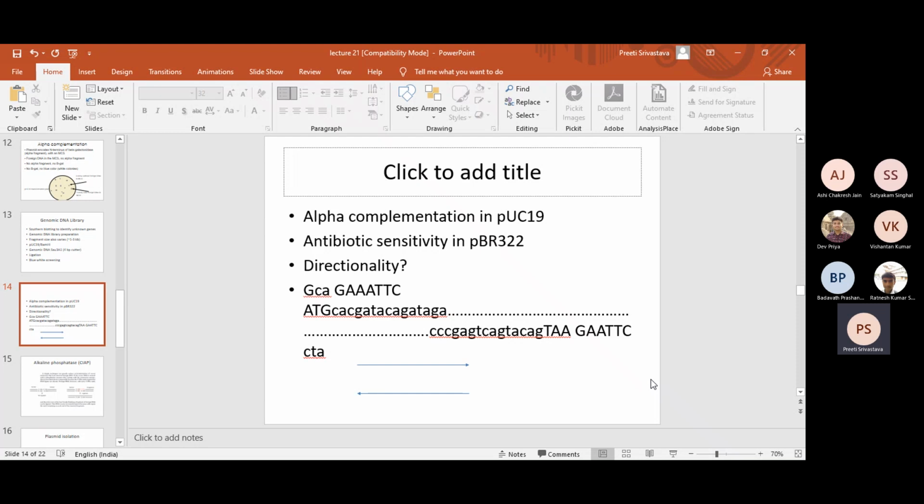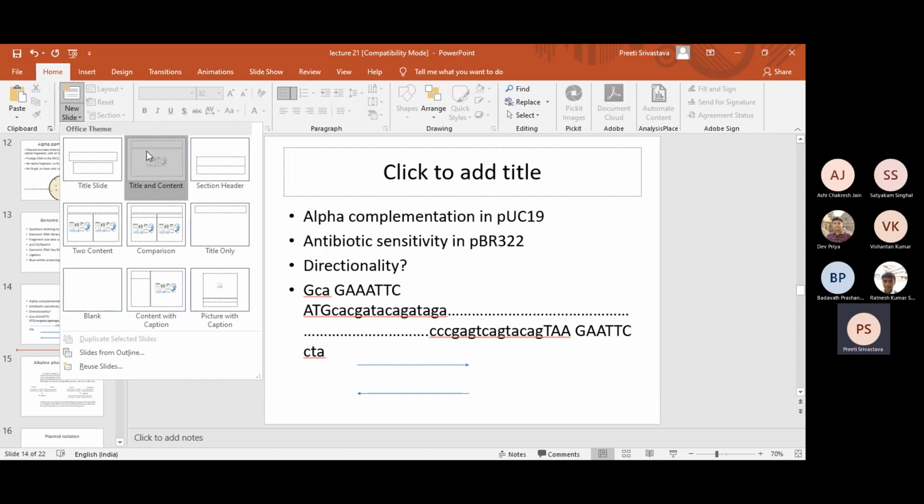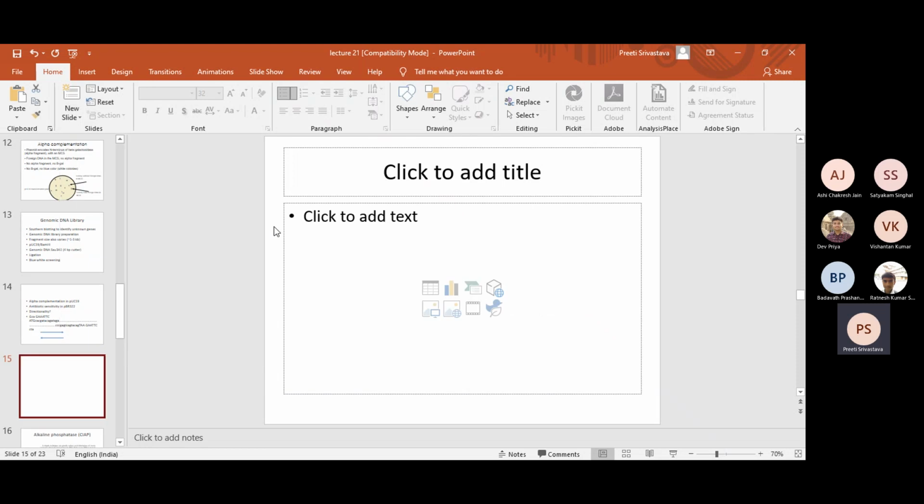For sequencing, or for genomic DNA library preparation, this doesn't matter because you are interested in just getting the insert cloned in the vector, and in preparing a larger library, right? But please listen to this part carefully.